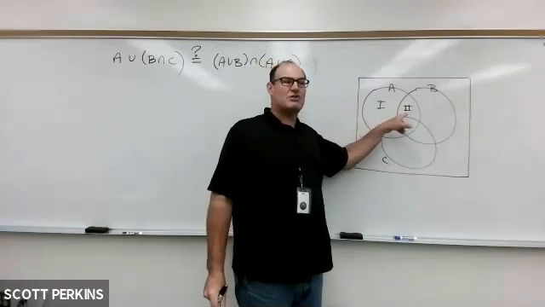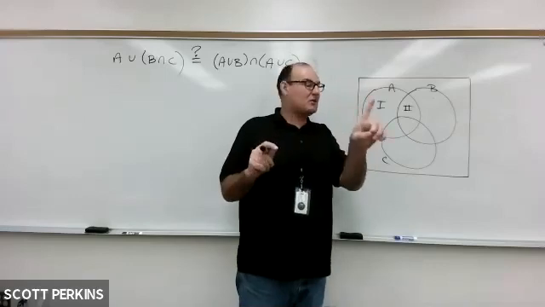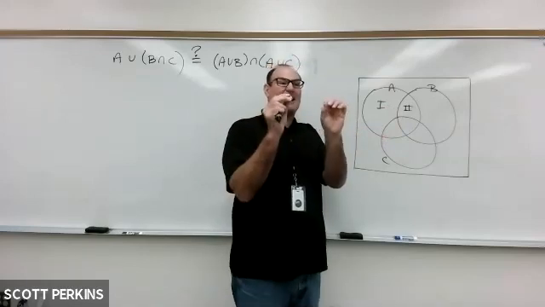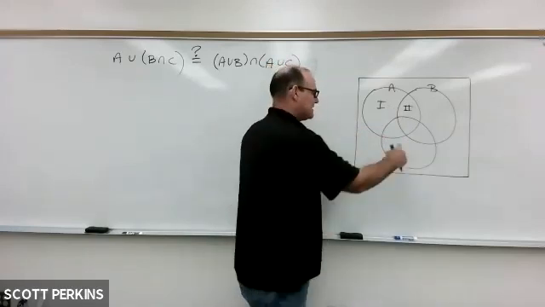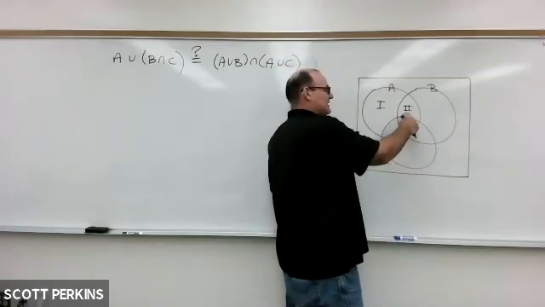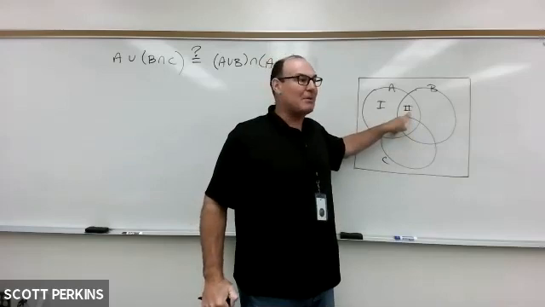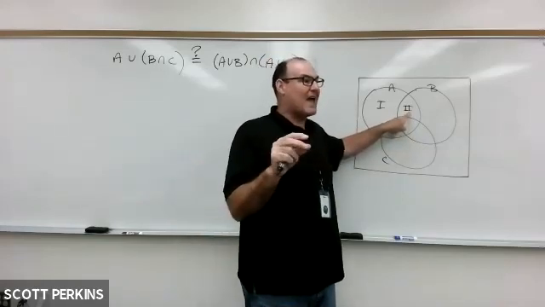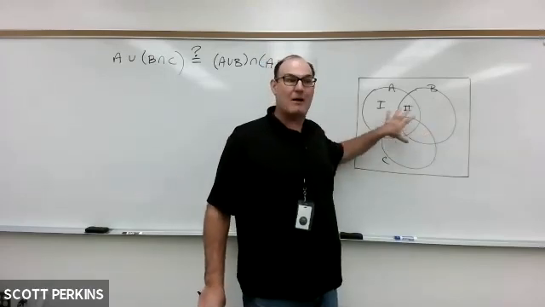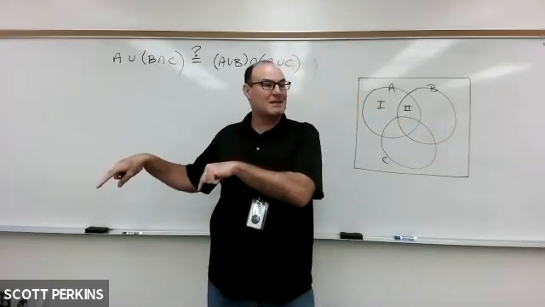It's in A and B, but I need to be more specific, because this stuff is in A and B, but it's also in C. Is this in C? No. So the way I would describe region 2 is it's in A and B only, or it's in A and B, but not C. Are you seeing that with regard to the circles? I'm going through this not to bore you, but it's going to help us when we get to the next section, I promise.